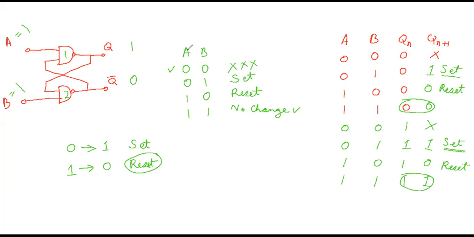So henceforth, I will write S and R. So a 0 at S will set the circuit. A 0 at R will reset the circuit. So can you remember it now? Yes, sir.